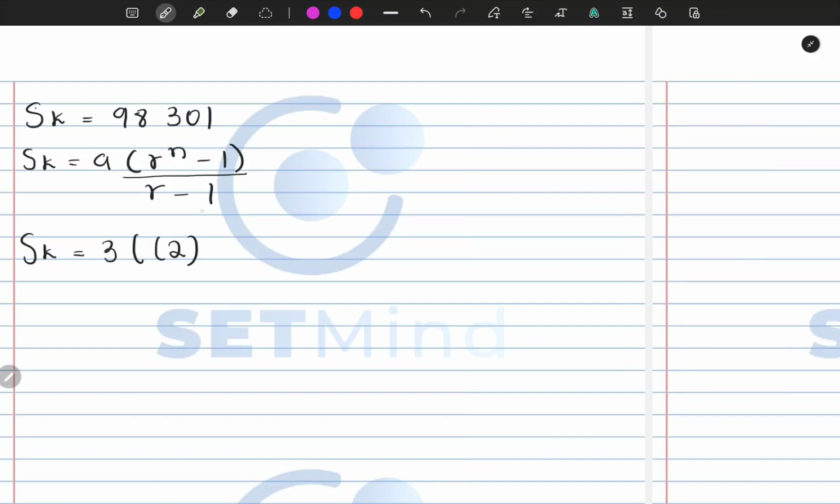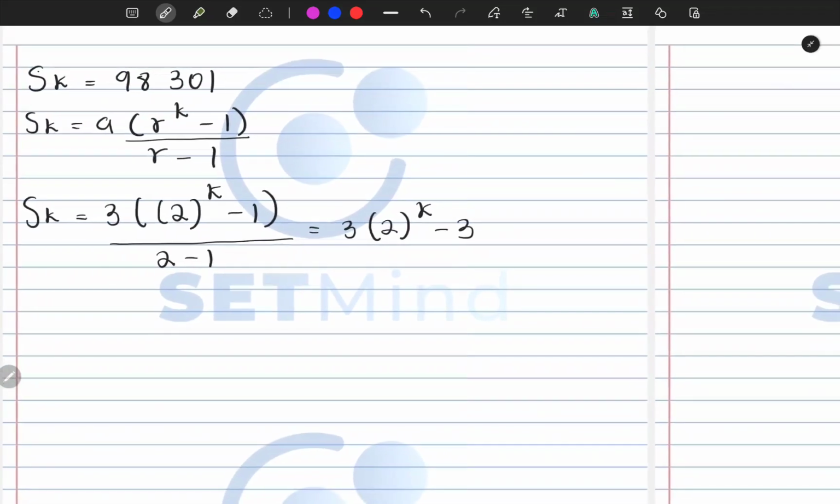The r, we know it is 2, and we need to put in a k here. Then we'll have 2 minus 1. So our summation will end up being 3 into 2 to the k minus, when you multiply, it will be 3 like that.